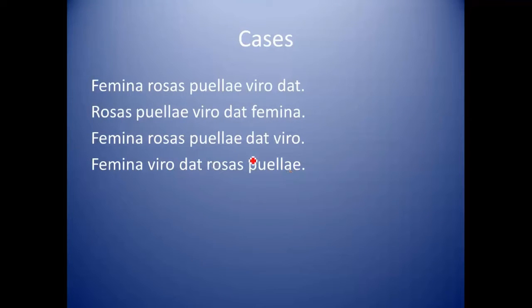Word order in Latin is fairly free because the case endings determine their function. The only thing I would say that is not going to be that flexible is a genitive, as puellae here, the roses of the girl, will oftentimes go very close to, either in front of or after the noun. Technically that is modifying, that is possessing.